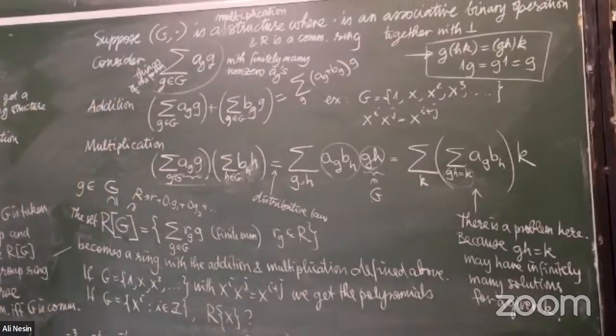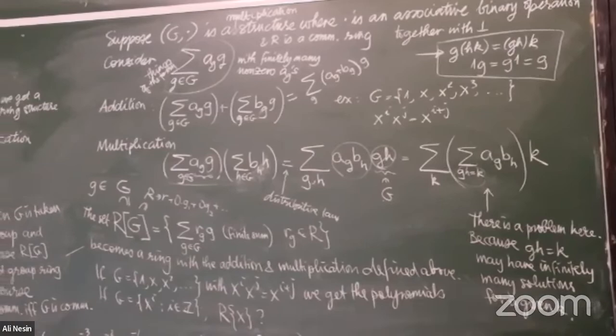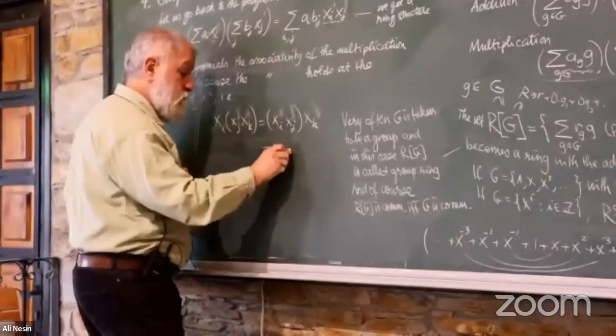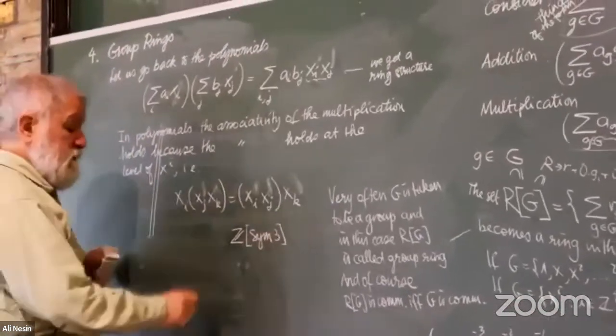For example, let's take Z, the integers, Z of S3. What are the elements of this?